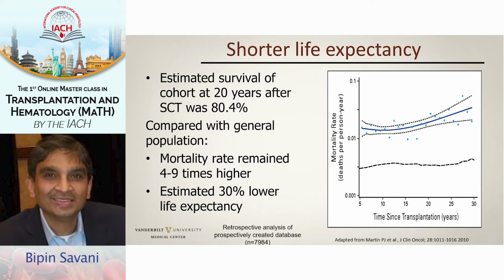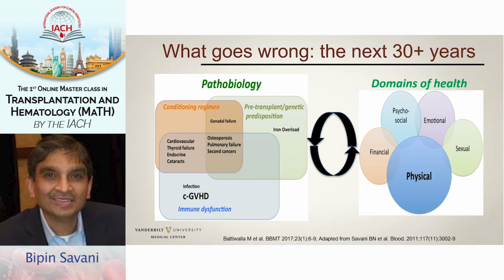Shorter life expectancy among long-term survivors. So what goes wrong in the next 30 years? Metabolic complications, pulmonary complications, bone loss, avascular necrosis, delayed immune reconstitution and related late infection, renal complications, second malignancies, premature aging, physical symptoms, cognitive issues, loss of job, financial problems, disabilities, separation, divorce, suicidal thoughts, so many issues, right?